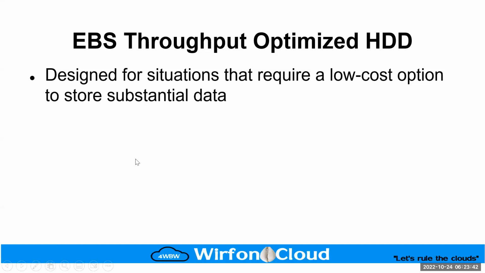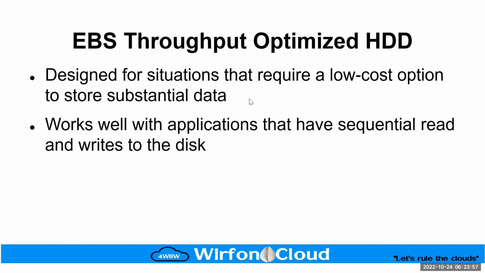It's designed for situations in which you require a low-cost option to store substantial data, and it works well with applications that have sequential reads and writes to the disk.